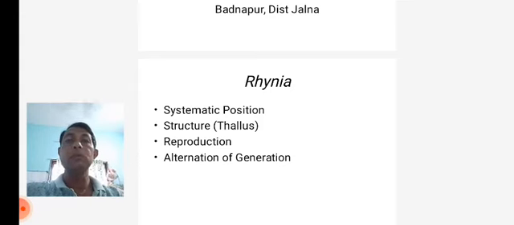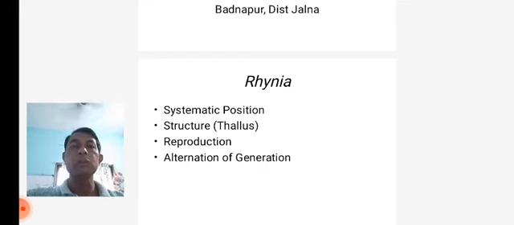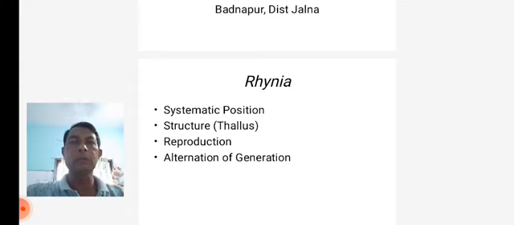Then we will look at the reproduction of Rhynia, and the most important thing, which is generally asked in examinations, is the alternation of generation of Rhynia. These are very common topics related to different pteridophytes, and also to the bryophytes.